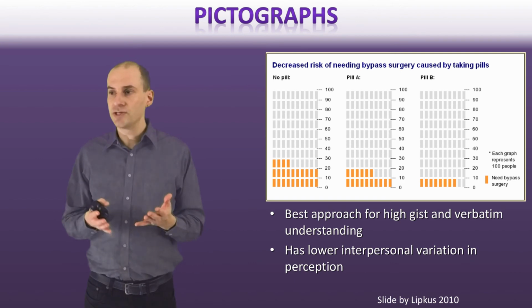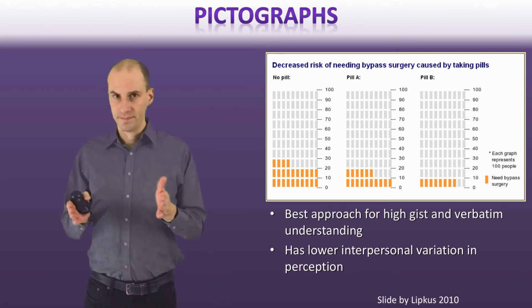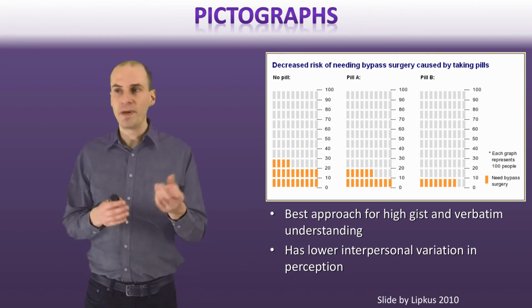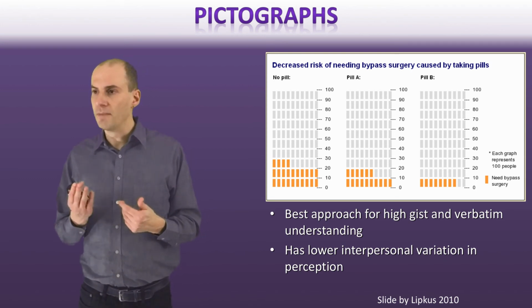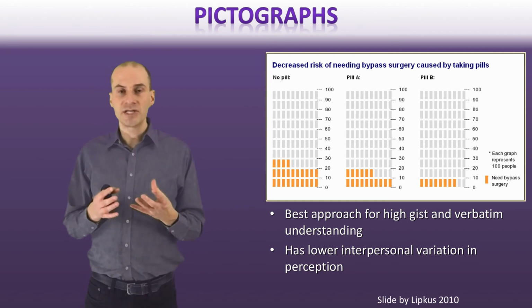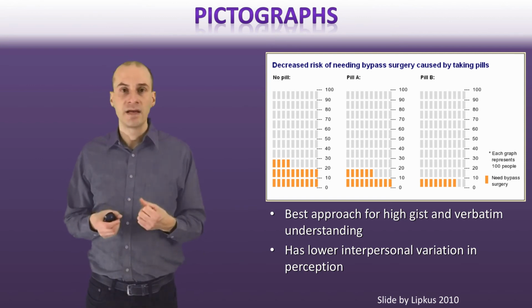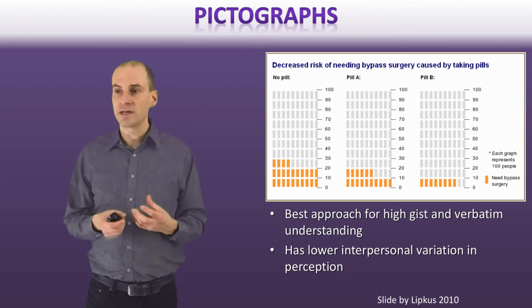Basically how these work is you just look across the different alternatives. Here we have no pill versus pill versus pill B. And it's essentially saying how likely is it that people develop a disease given those different considerations.